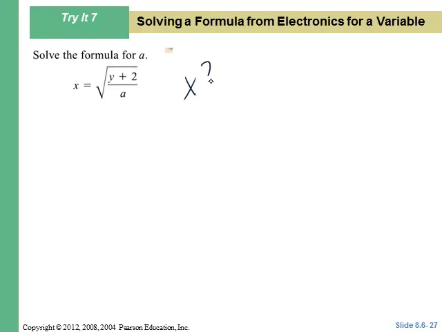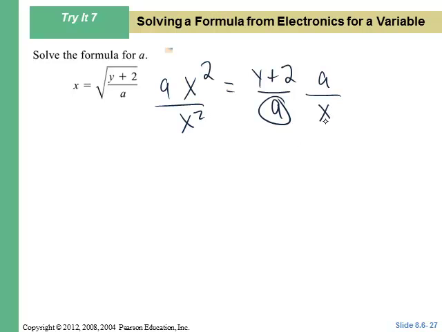Square both sides to get x squared equals y plus 2 over a. We want the a all alone. So multiply both sides by a and divide both sides by x squared. And you get a equals y plus 2 over x squared.